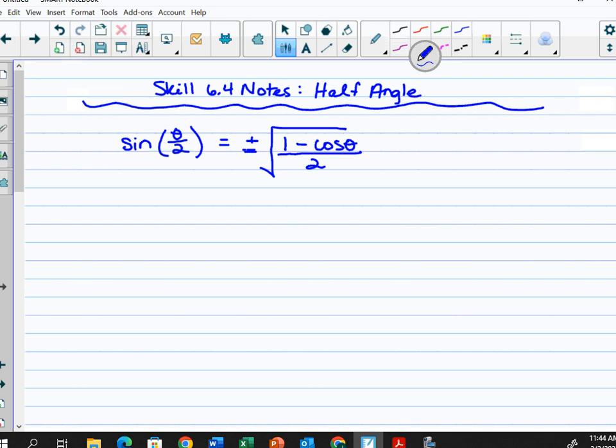As I said, it's not one of your favorite formulas. Yes, that's why it's called half angle. Cutting it in half. Half your angle.